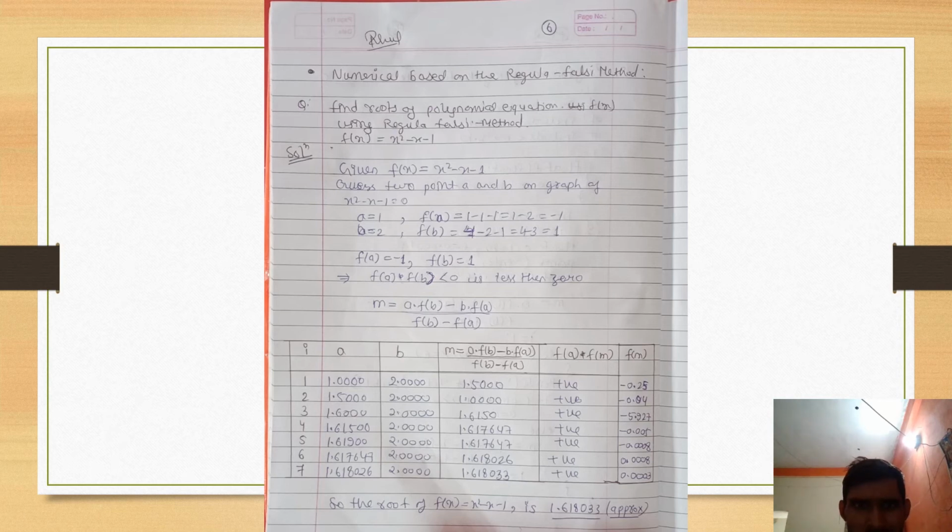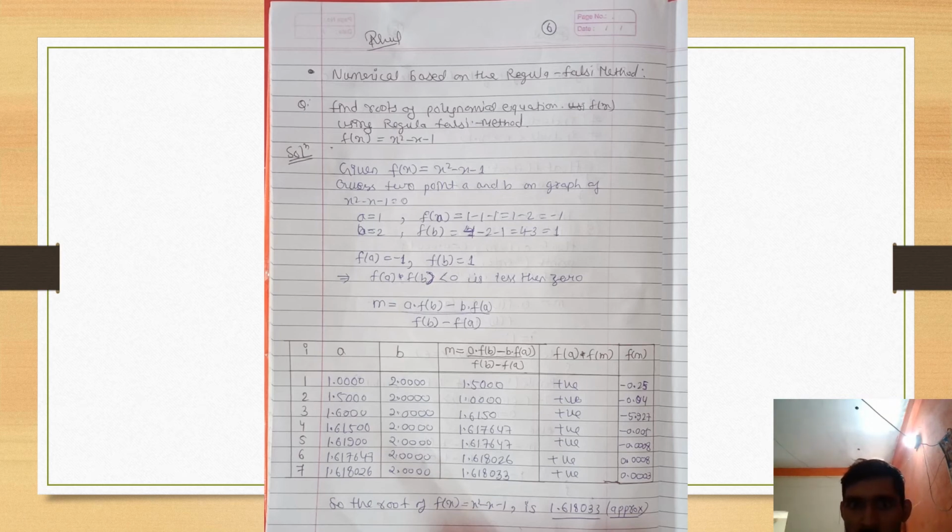Suppose, guys, 2 points a and b on the graph x square minus x minus 1 equal to 0. Let's suppose a equal to 1. On putting a equal to 1, we compute the value in the function f of x.